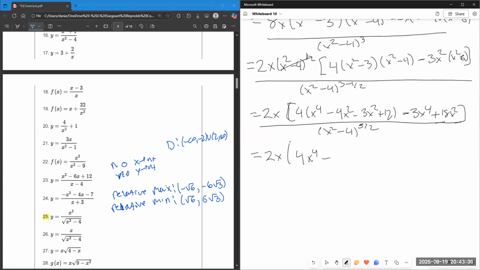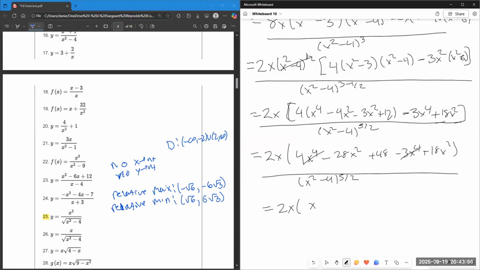Oh, hang on, that is 7. 4 times 7 is 28x squared plus 48 minus 3x to the 4th plus 18x squared over (x squared minus 4) to the 5/2. It's 2x times, that's a single x to the 4th.